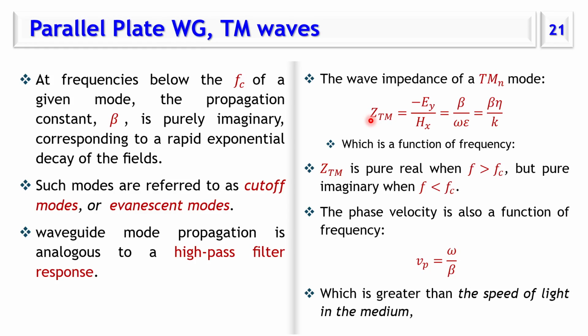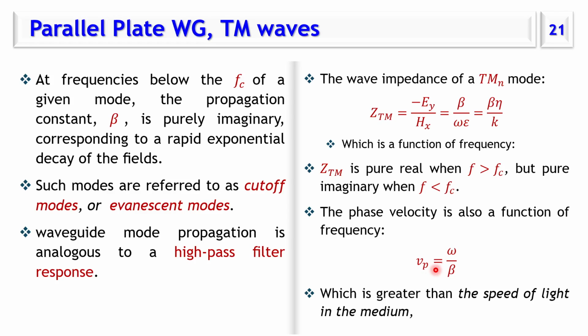One important thing to notice here is that the wave impedance is pure real when f is greater than fc, but if frequency is less than the cutoff frequency, beta will be pure imaginary, and consequently the wave impedance also will be pure imaginary. The phase velocity is also a function of frequency, and it equals omega over beta, and it is greater than the speed of light in the medium.